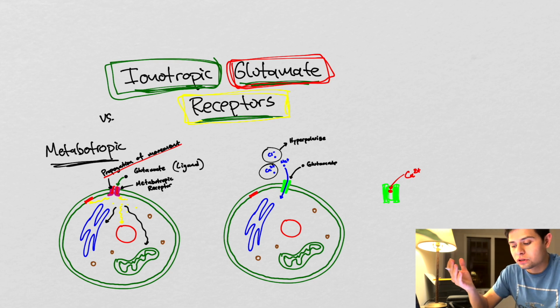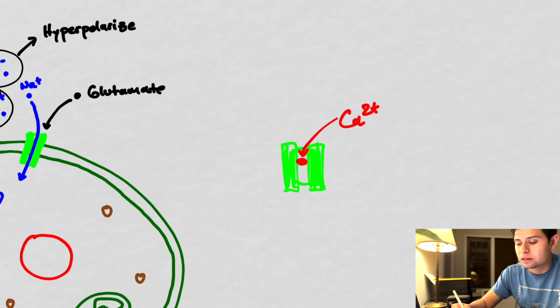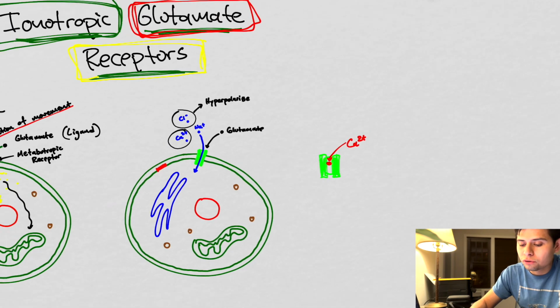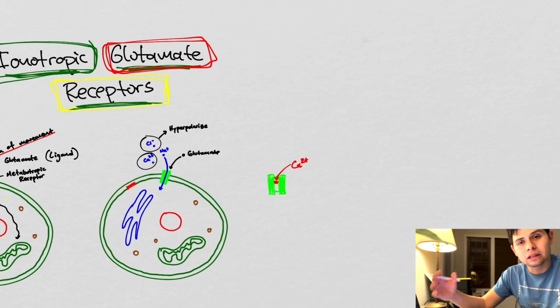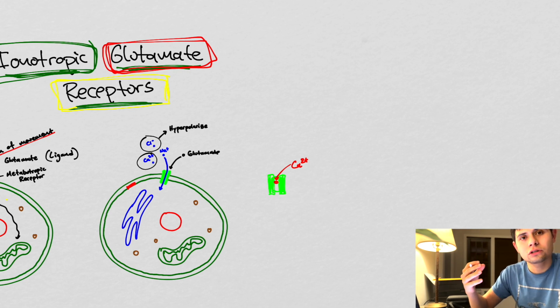Now you can ask the question, okay, if glutamate allows for depolarization inside of a cell, what about other chemicals? Can other chemicals act as ligands for these guys? The answer is yes, right? So we'll go over a big list of other chemicals that can affect these channels in different ways.